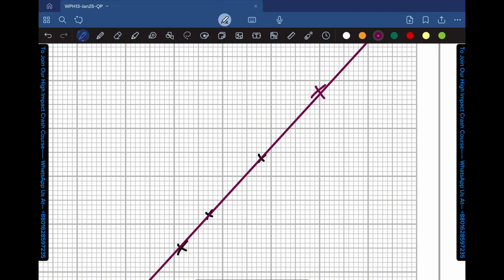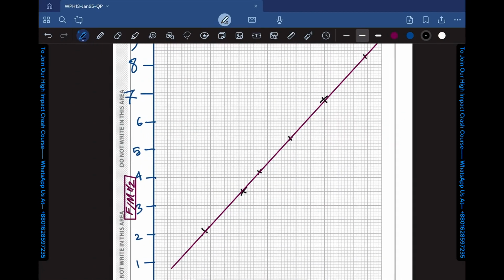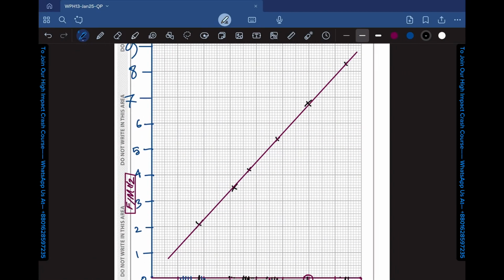Our line can be like this, right? We can draw a line like this, a bigger line, to make sure all of them are matching. Basically we can draw a line like this, so all of the lines are matching.